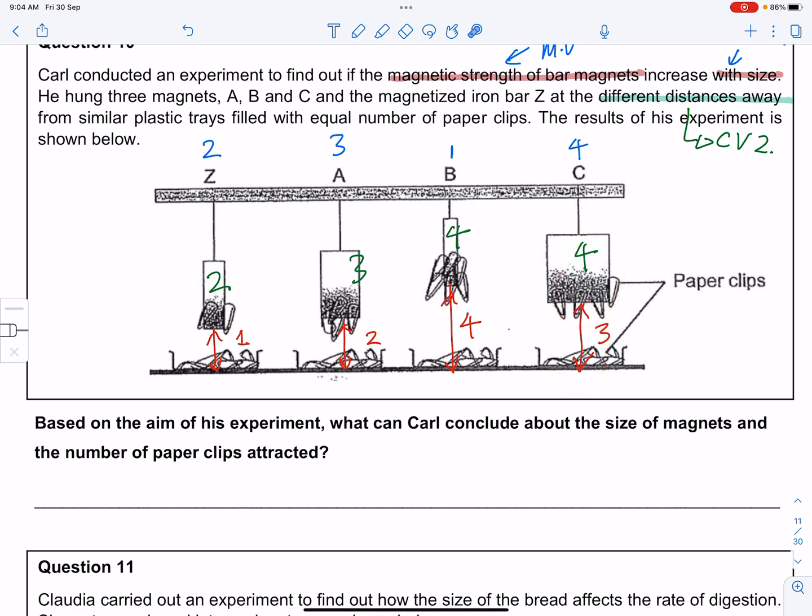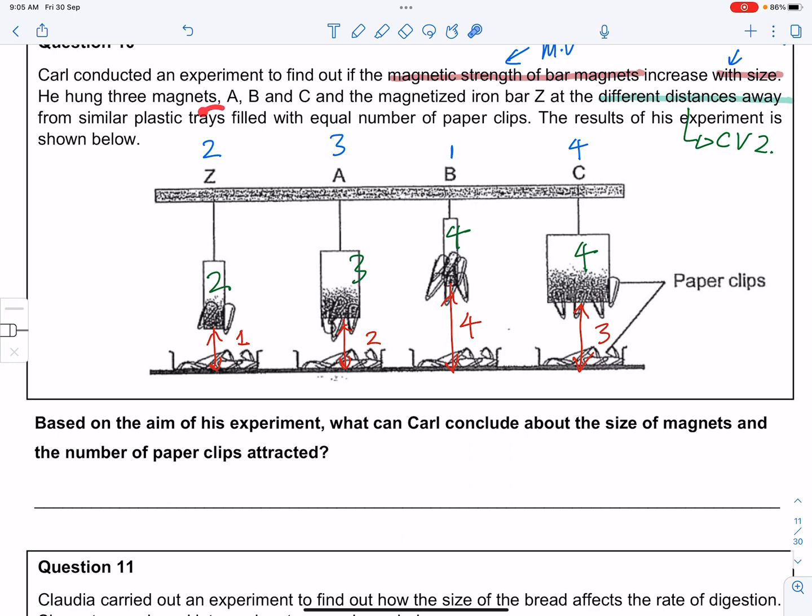But yet, if we take a look at the smallest, it also got 4. And moreover, my distance between is the greatest. So when you think about it in this way, the stronger the magnetic strength, the more paper clips it should actually attract at a greater distance.